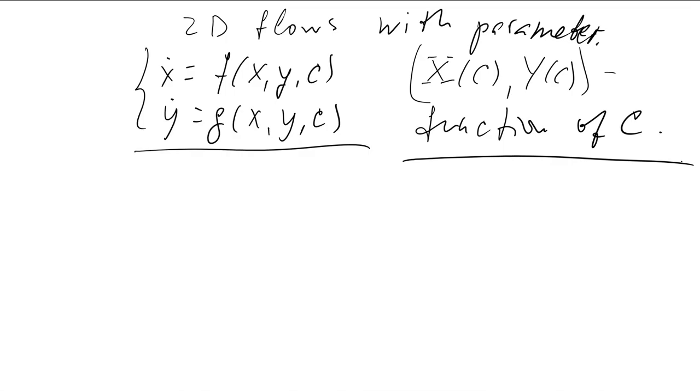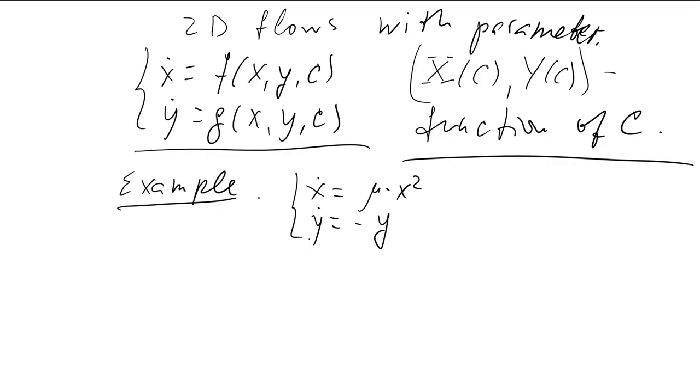And let's consider an example. This example is also from your lecture notes: x dot equals mu minus x squared and y dot equals minus y. So here mu is the parameter.